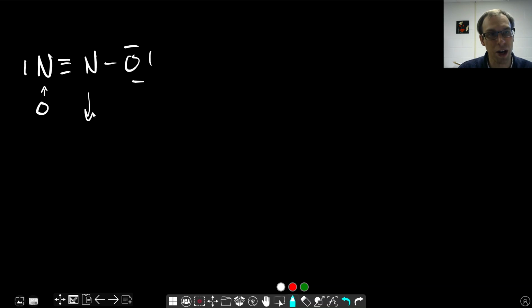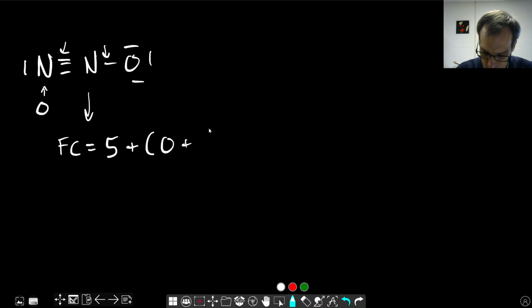And we'll just use the equation form of this. So our formal charge on this nitrogen, we're still starting with 5 valence electrons in the free nitrogen. That's never going to change. Our bonding, plus 0 non-bonding electrons. All right, so there's no lone pairs on this nitrogen. And then we have 8 electrons here and here in bonds, so we divide by 2.